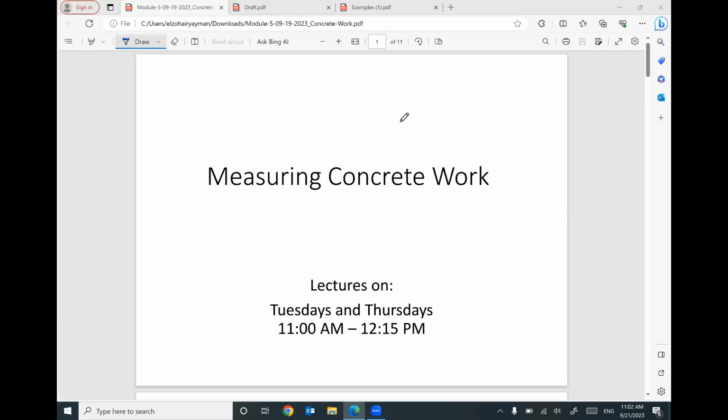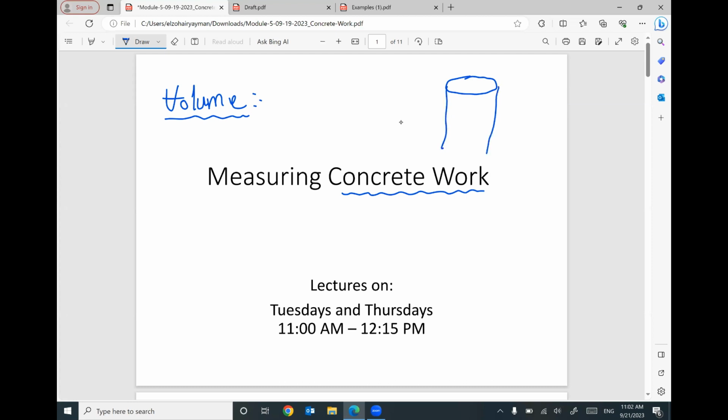We will continue how to calculate the quantity takeoff for the concrete work. It's very important to understand the concept of volume. If you would like to figure out a volume for any body, you have to remember this cylinder.